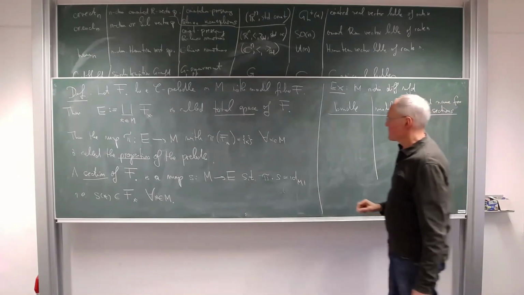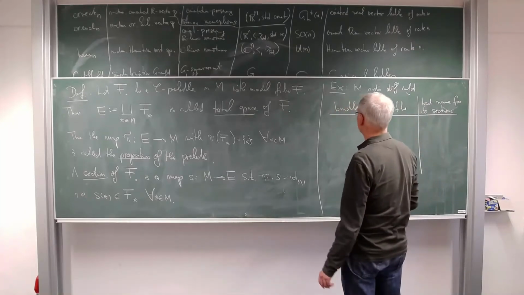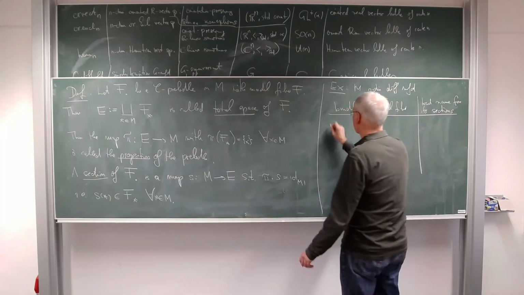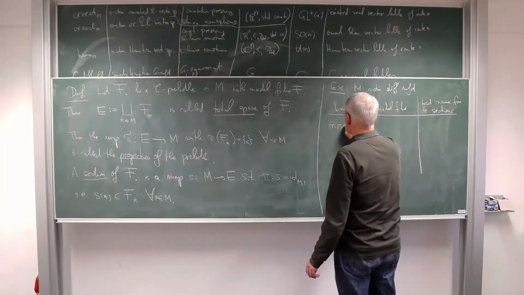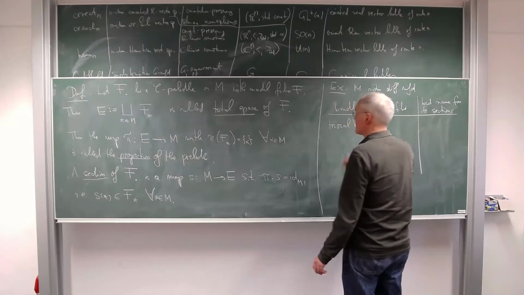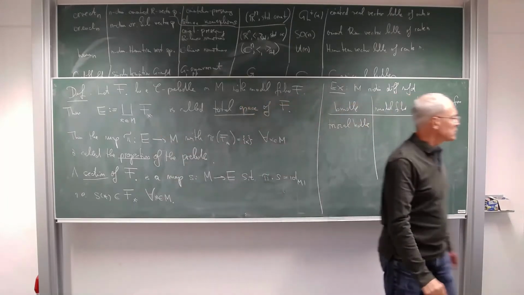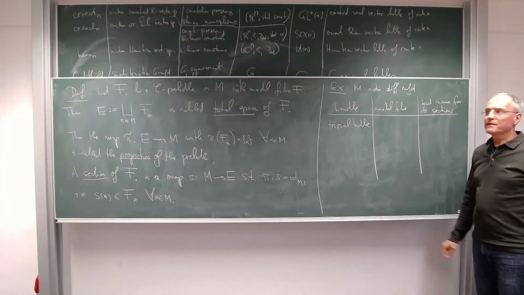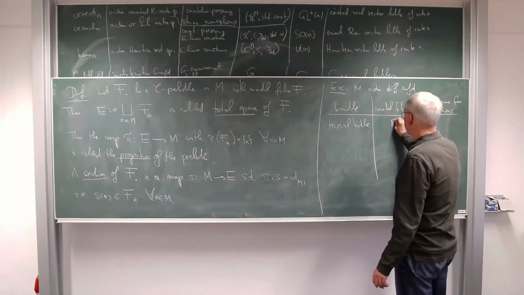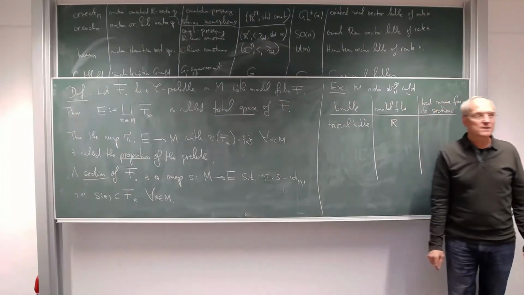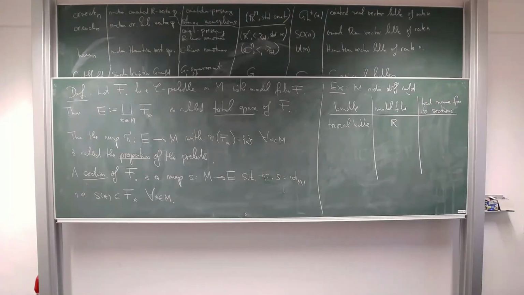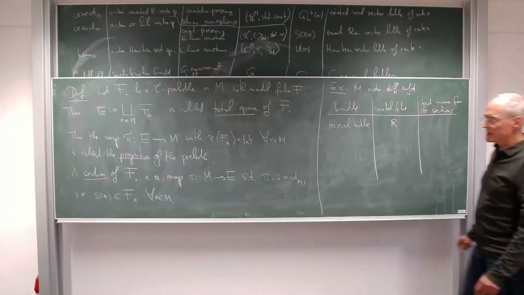Okay, let's start with the simplest thing one could have, namely the trivial bundle, where all the Fx's are the same. Now this could be anything, so let's take as our model fiber R, so all the Fx's are just R. What does a section do?